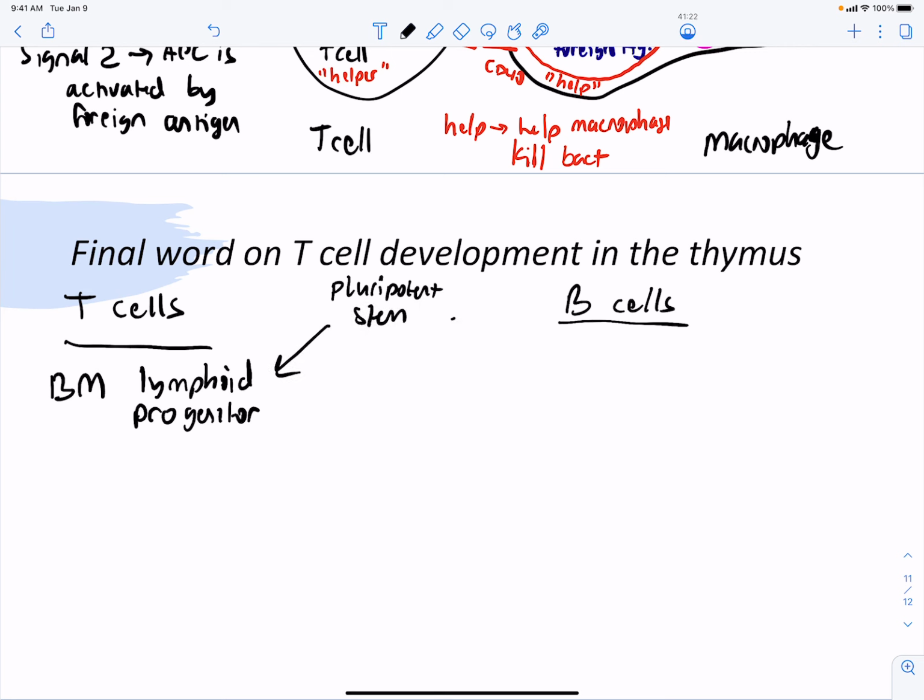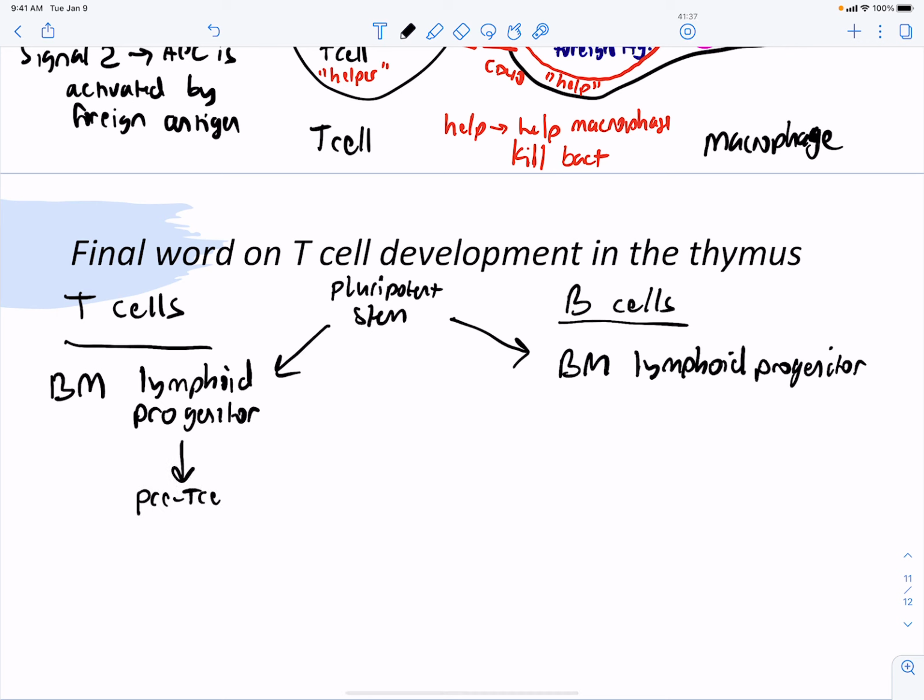And the B cells also come from the bone marrow, lymphoid progenitor cell. And if you're going to become a pre-T cell, you're going to migrate to the thymus. And this is where you do the VDJ rearrangement.